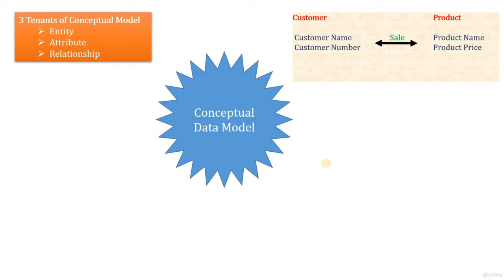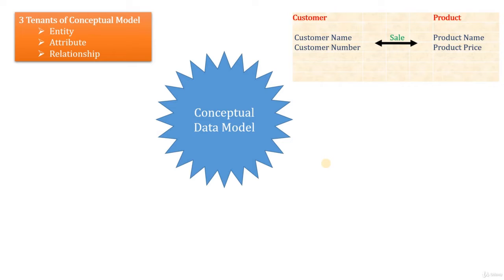Customer and product are the two entities because, though customer and product belong to the same business area, customer itself is one entity and the product is another entity. Customer number and the name are attributes of the customer entity.